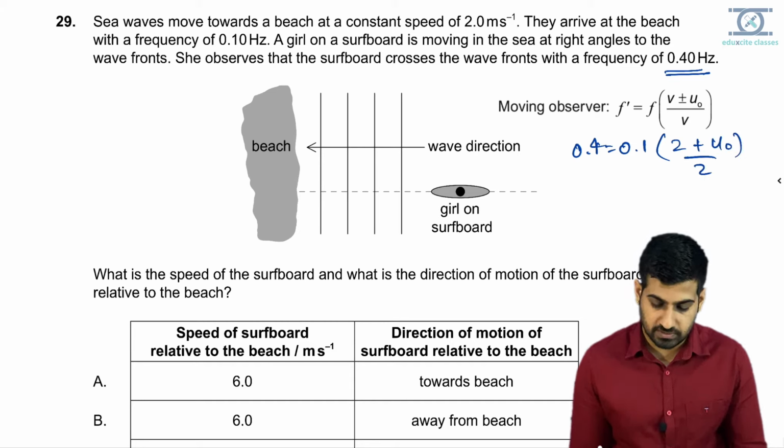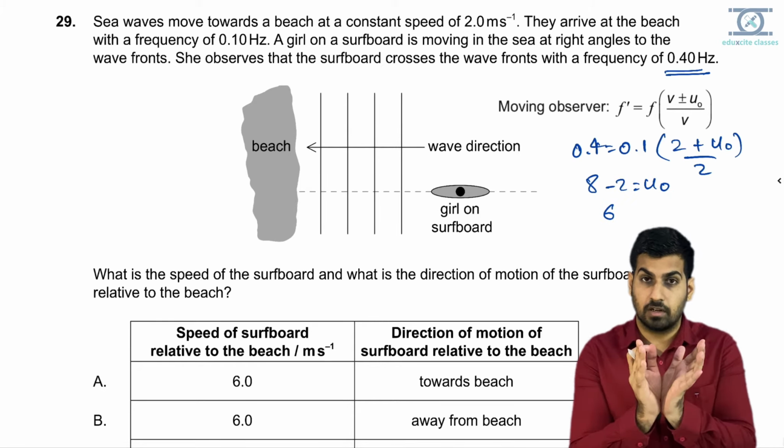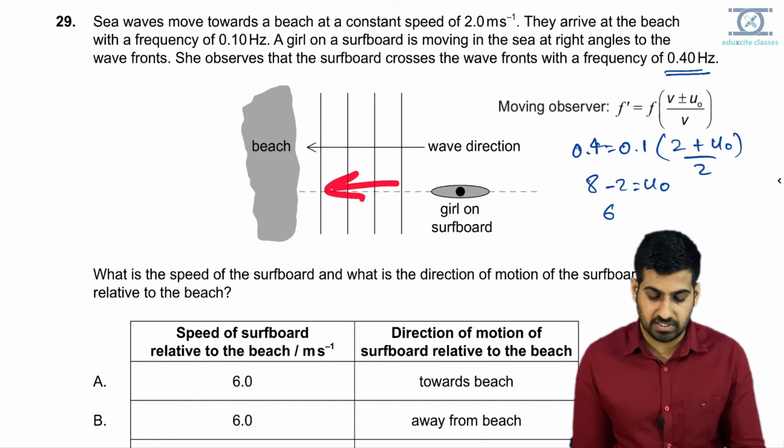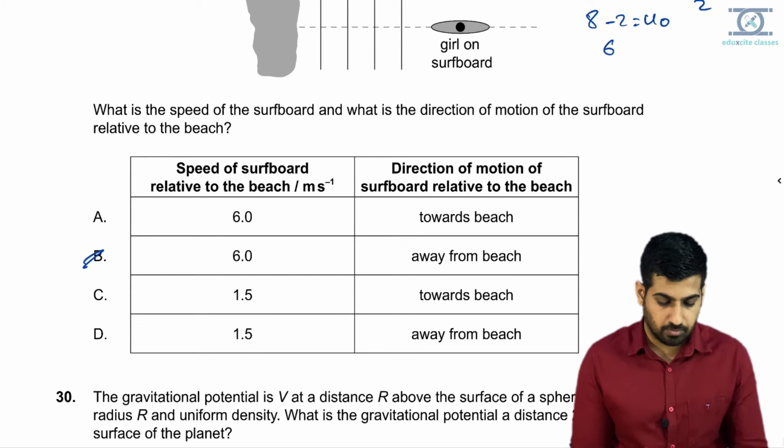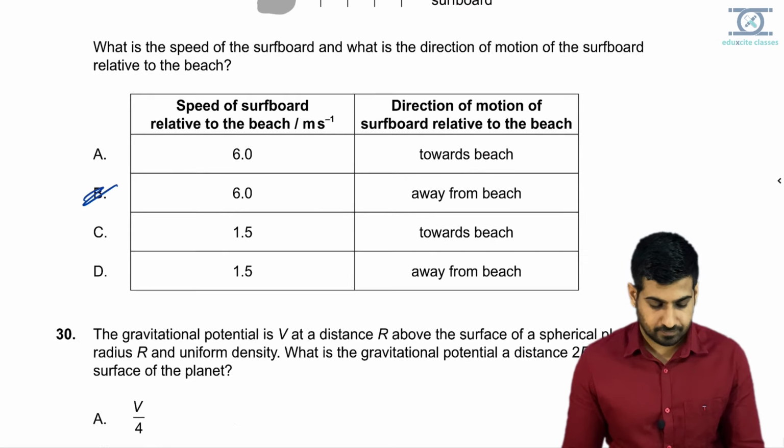Solving this, you get 4 times 2, that is 8, minus 2, so u naught is 6. Plus means the relative speed is separation, so they are moving in opposite directions. The wave moves towards the beach and the girl is moving away from the beach. Looking at the options, B is the right answer.